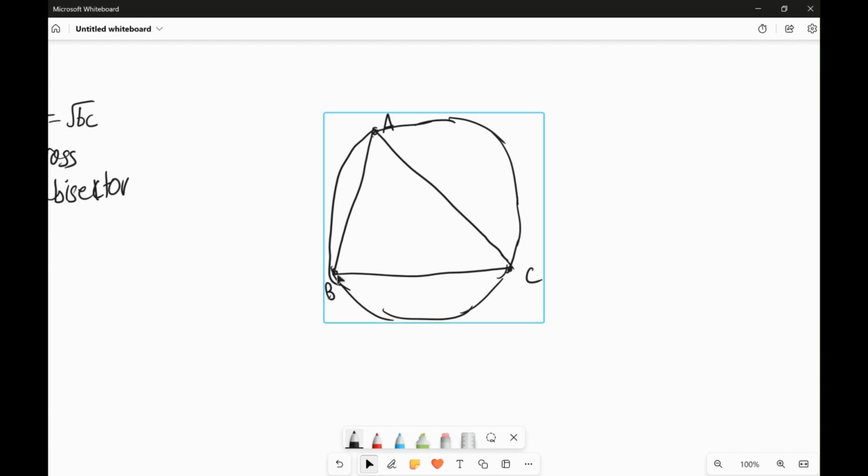And since B and C must lie on this circle, the segment BC and the circumcircle of ABC invert to each other, which is really interesting. So that's the one property that we'll need to solve this problem.